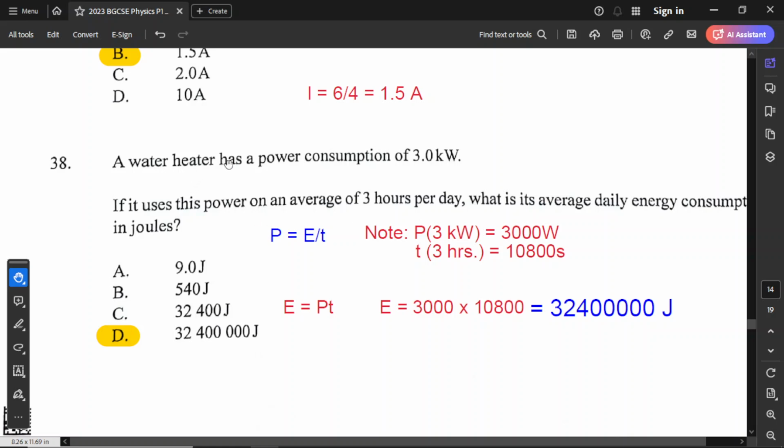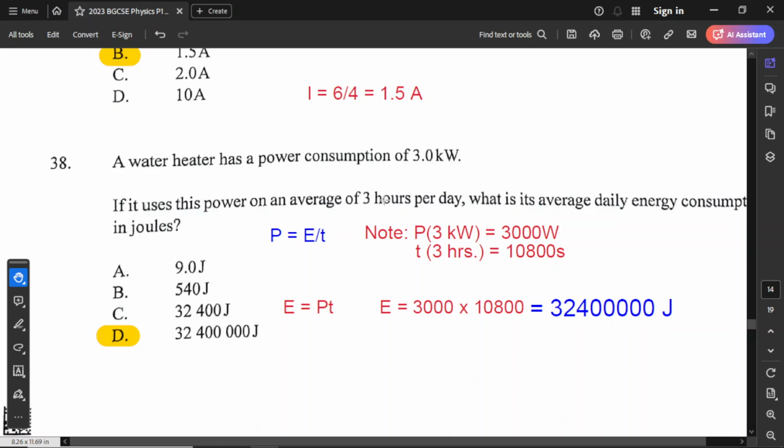38 is a water heater has a power consumption of 3 kilowatts. It asks if it uses this power on an average of 3 hours per day, what is its average daily energy consumption in joules? We know that power is equal to energy divided by time. Therefore, if you want to find energy, it equals power times time.